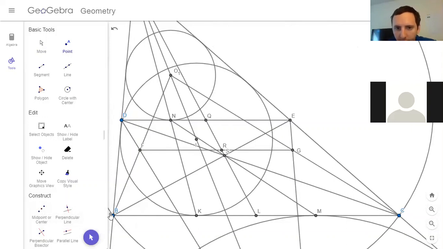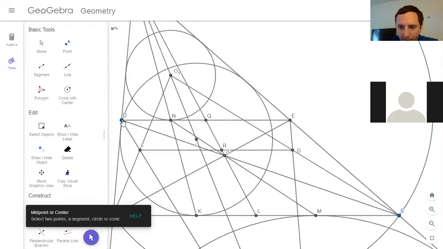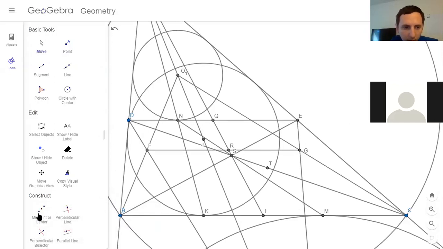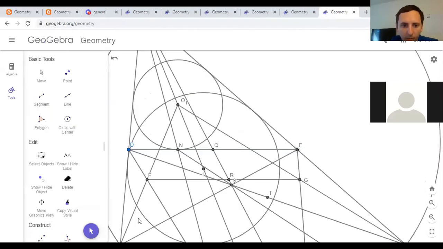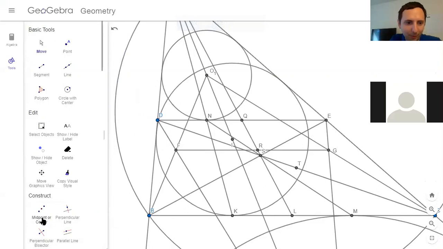So if I try to use the gliding principle, because they're oriented the same way, if I take the midpoint of BC, the midpoint of BE, oops. It won't let me do the midpoint of BE. It's driving me crazy. All I want is to do the midpoint of BE.